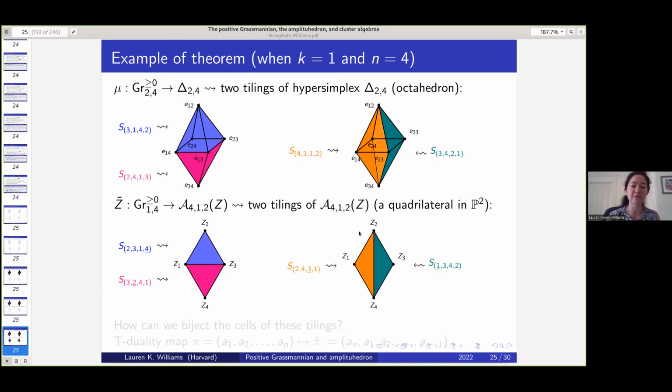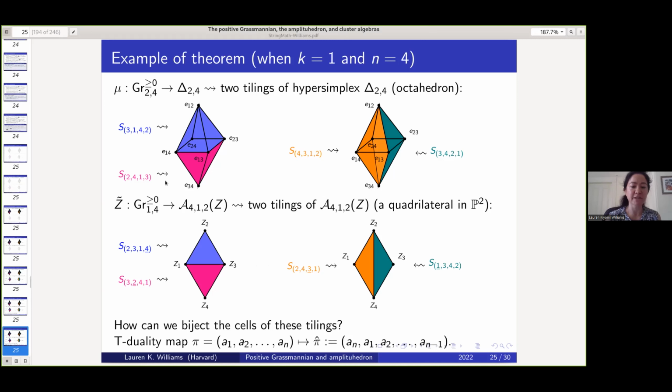tilings for the amplituhedron. And it's not too hard to look at this example and make a guess as to how one bijects the cells of the tilings. So the bijection is going to take this blue cell here to this blue cell here, this magenta cell here to this magenta cell here, and so on.